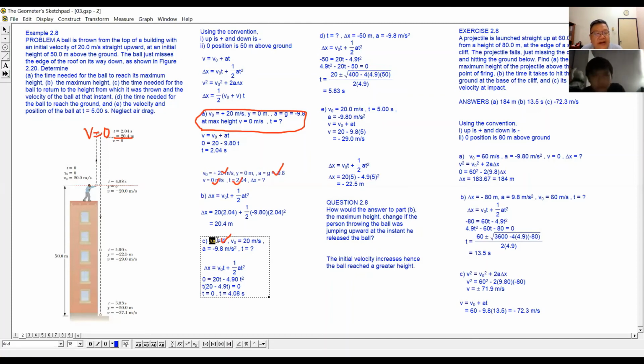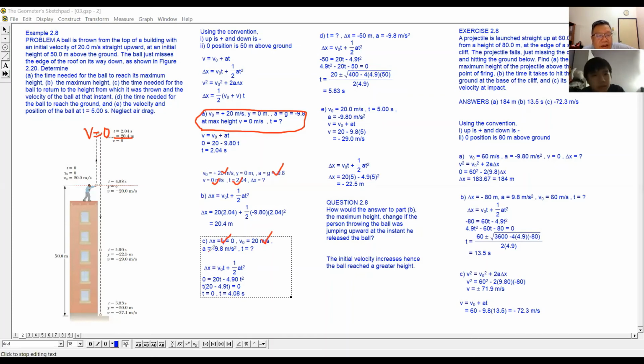Actually, the y is the delta x also. So I put there equals to y. The delta x is y is equals to 0. The starting velocity is what? The starting velocity is positive 20.